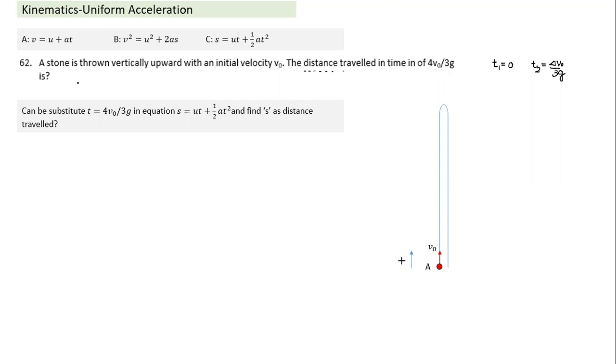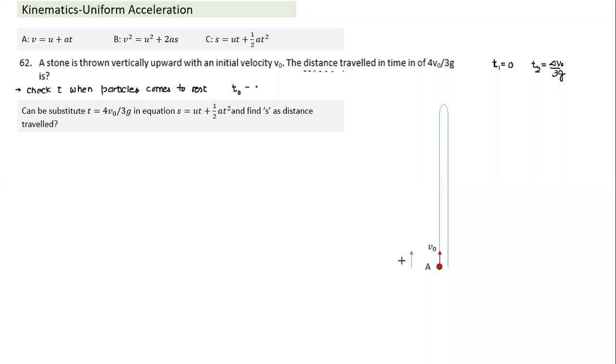So what is the first thing we need to do? We need to check what is the time when the particle comes to rest. I am giving a more general method. Whenever distance traveled has to be calculated, first check the time when the particle comes to momentary rest, which means we equate the velocity to 0.